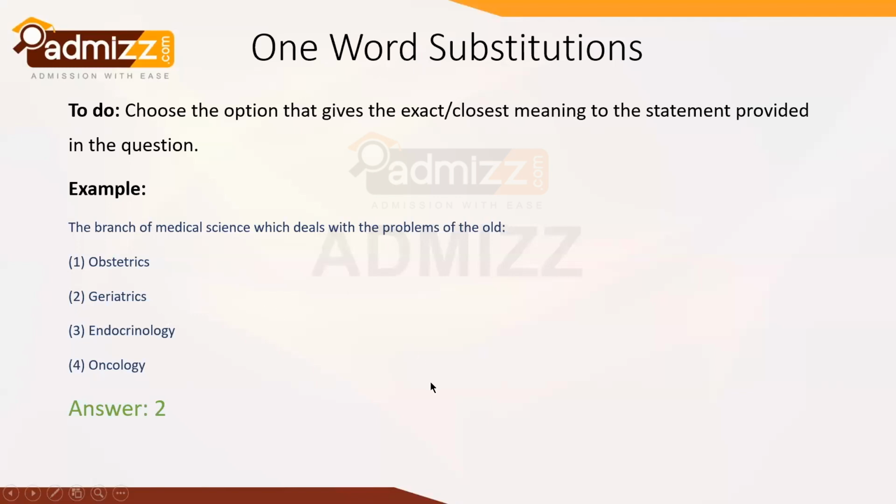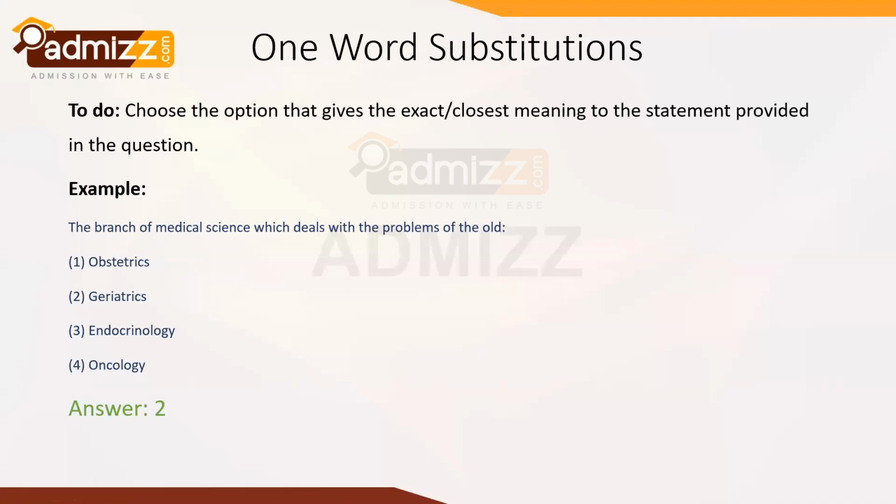Geriatrics, right? But what if you did not know the answer was geriatrics? What if you knew most of the options, but did not know what geriatrics meant in the first place? In this case, you can implement the process of elimination, right? For instance, obstetrics means study of pregnancy or pregnancy cycles.